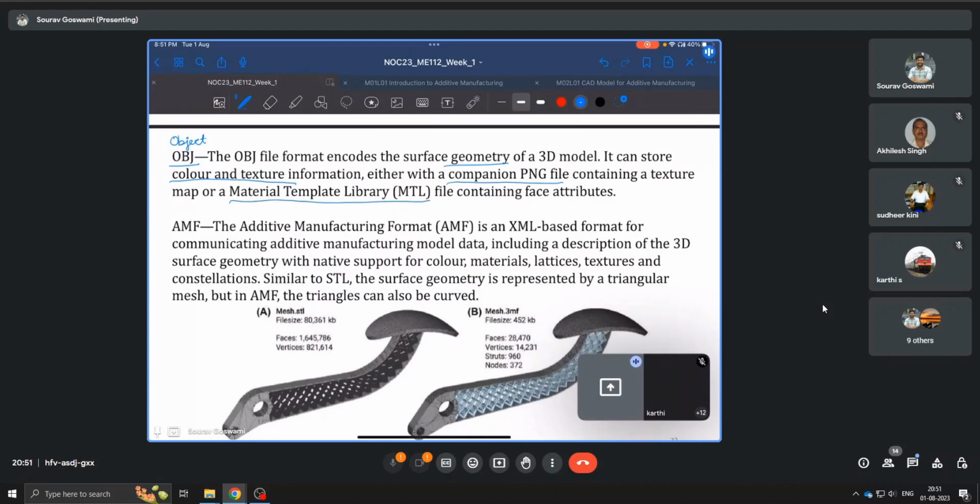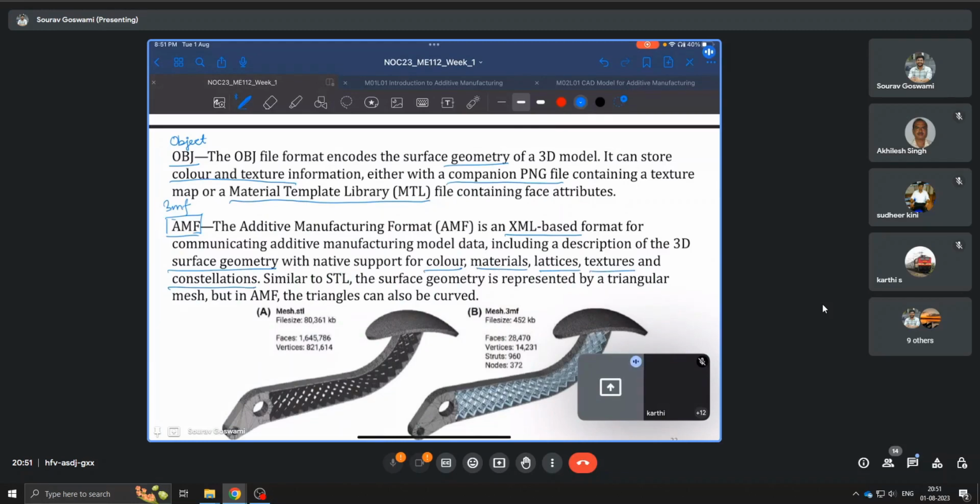Another more recent file format is AMF, also sometimes 3MF, which is the additive manufacturing file format. It is XML based and highly customizable, and it includes a lot of data such as 3D surface geometry, color, materials, lattices, textures, and constellations also.